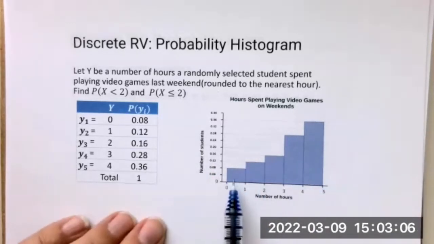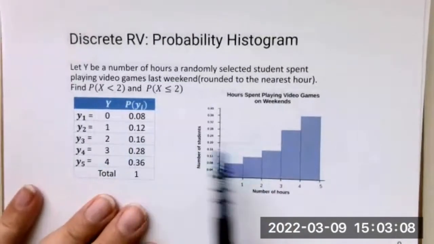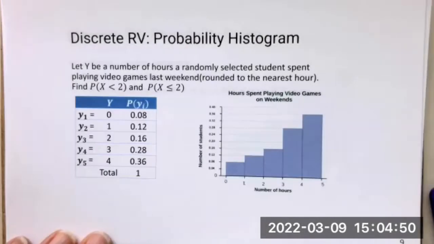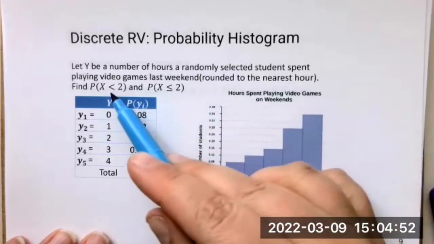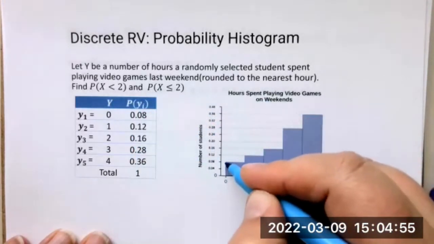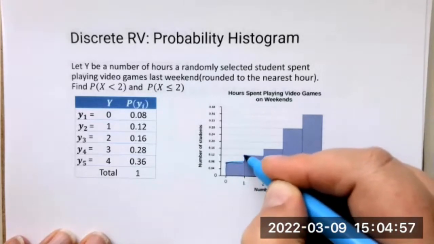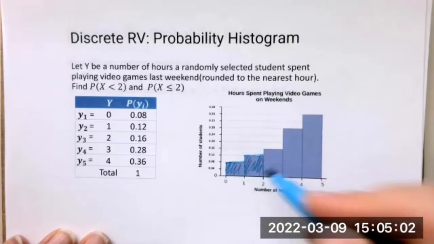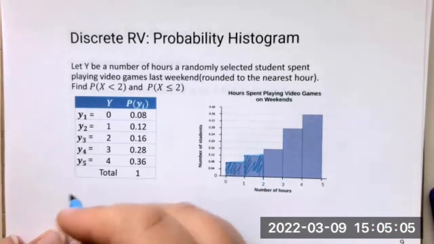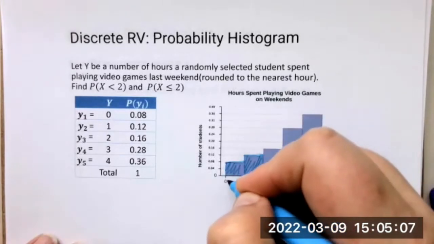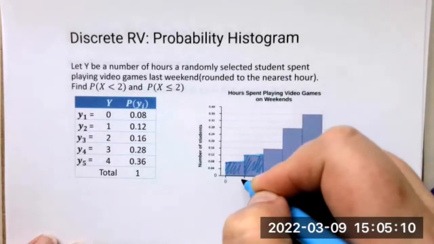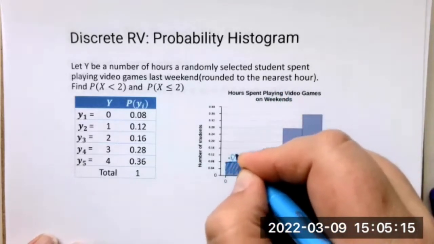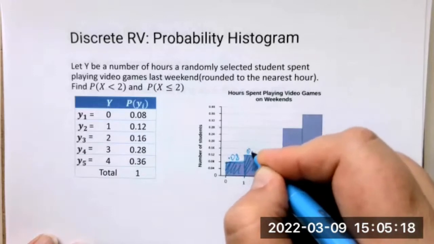So first, let's do it using both the table and the histogram and see what the connection is. Okay, so less than 2 includes 0 and it includes 1. So that would be represented by these 2 bars. As we already mentioned, the width of each bar is 1, and the heights here are 0.08 and 0.12.